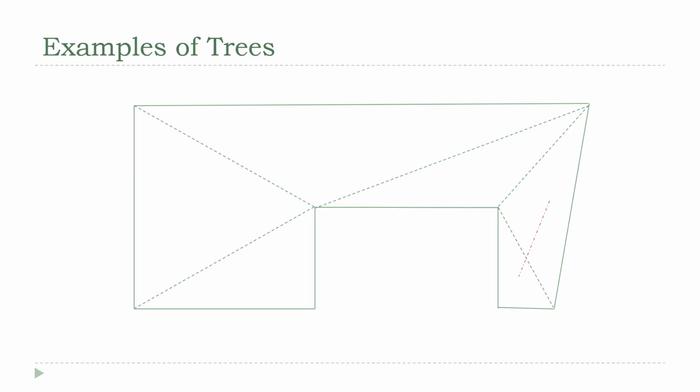Well, in one of the proofs that I'm working on, you start by triangulating the square footage, and then you build something called the dual. The dual is a tree that's formed by putting a vertex in every triangle and then connecting the vertices whose triangles have a side in common.